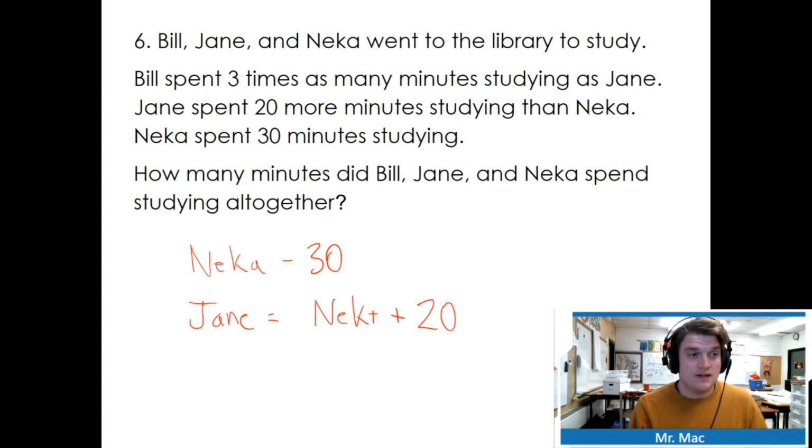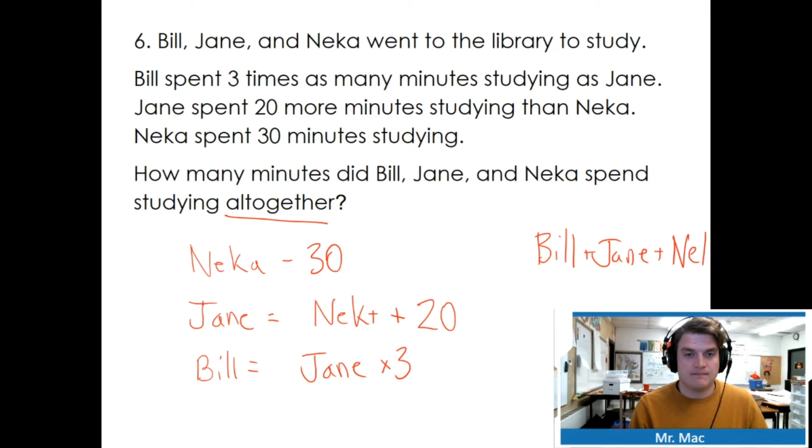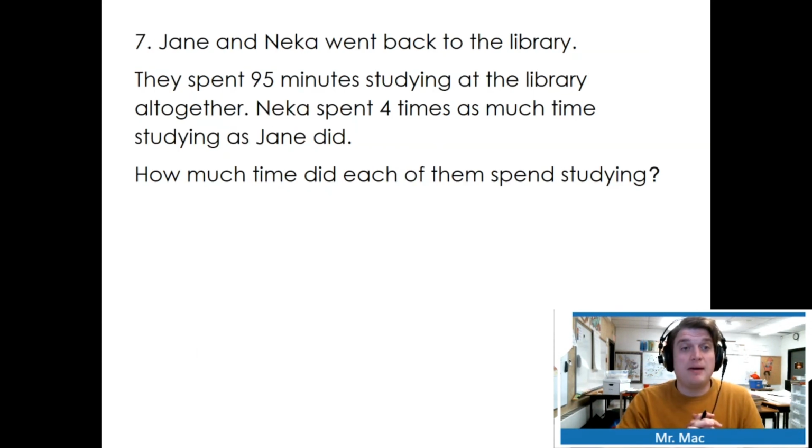And Bill spent 3 times as many minutes studying as Jane, so Bill equals Jane times 3. Once you've found out how much each of them have spent, you need to add them all together to find our final answer. All together, Bill plus Jane plus Nika. Best of luck.